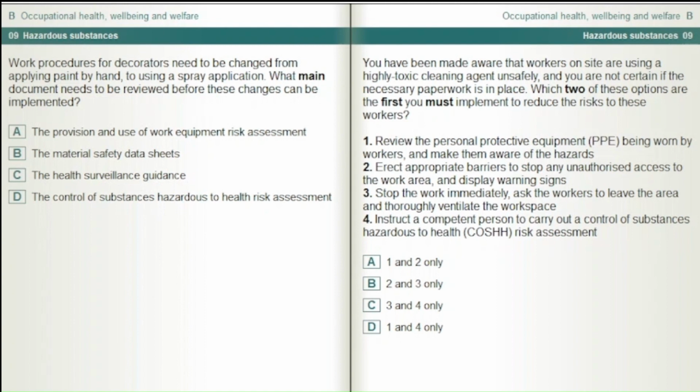Stop the work immediately, ask the workers to leave the area and thoroughly ventilate the workspace. 4. Instruct a competent person to carry out a Control of Substances Hazardous to Health, COSHH, risk assessment. 1 and 2 only. 2 and 3 only. 3 and 4 only. 1 and 4 only.